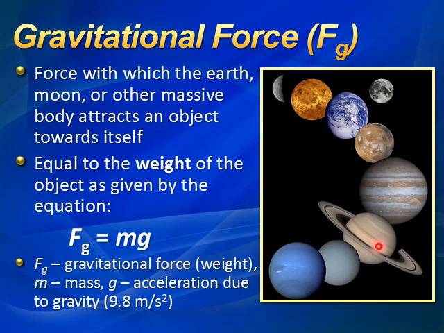Kasi the sun exerts a gravitational force on the planets na hinahatak siya papalapit sa sun. The reason kung bakit nag-i-spin ang mga planets in an orbit is para hindi siya malaglag diretso sa sun. Yun yung nagiging cause ng mga orbits niya. So the sun exerts a gravitational force on all the planets in the solar system.